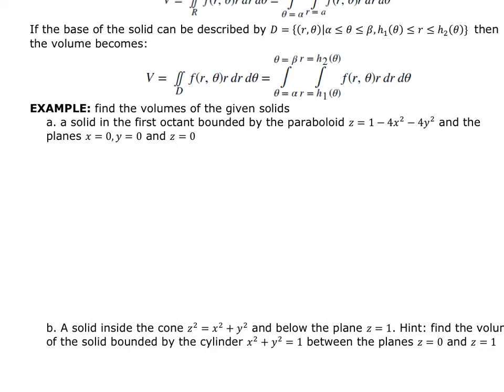I'm not terribly good at drawing the picture, so let's just jump right into what I'm looking for. In rectangular, I'm looking for the volume, which is the double integral over D of z dA. So I have the z part, which is, of course, 1 minus 4x squared minus 4y squared.